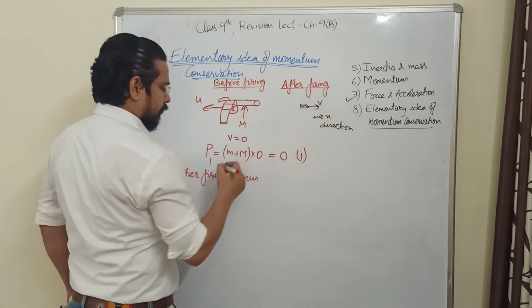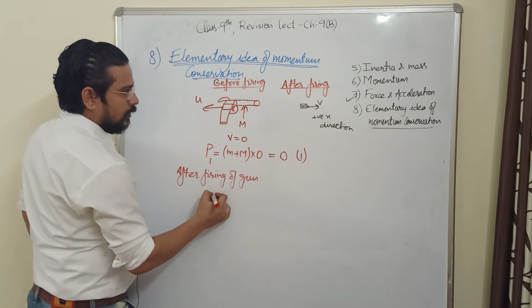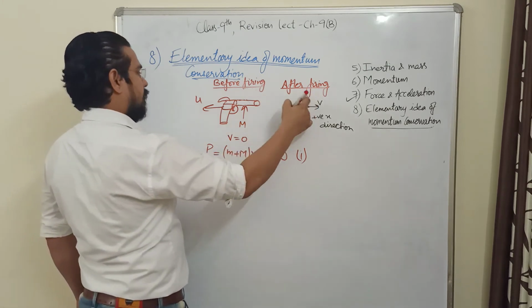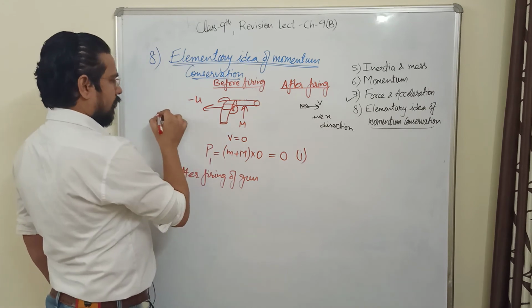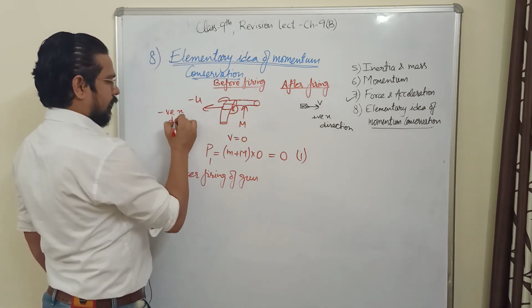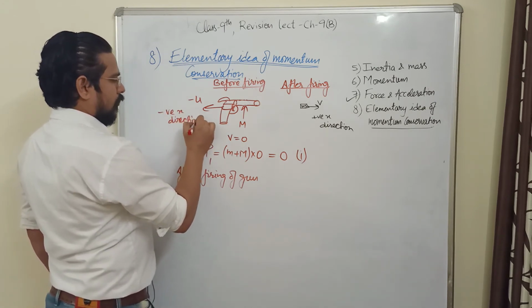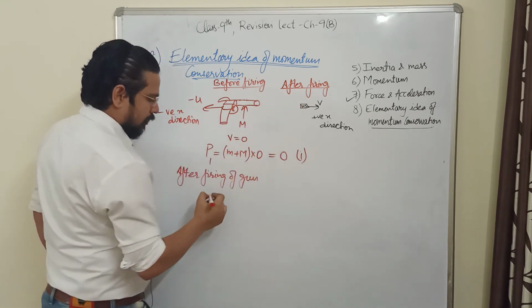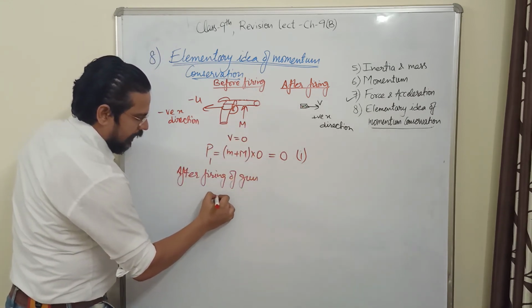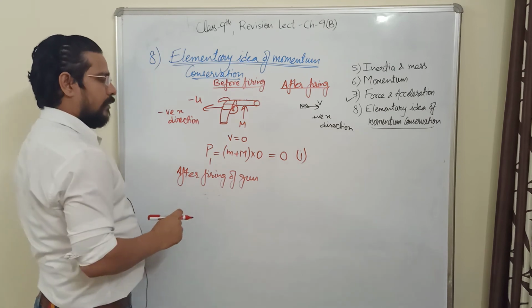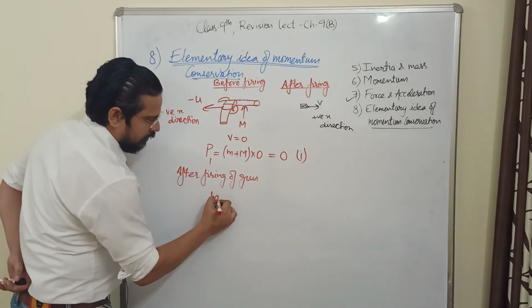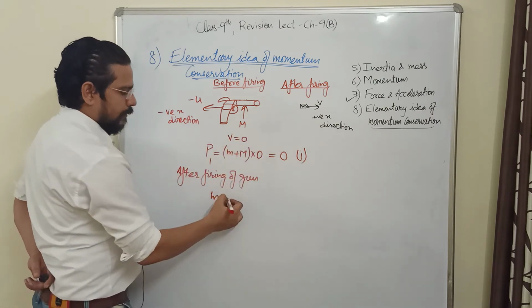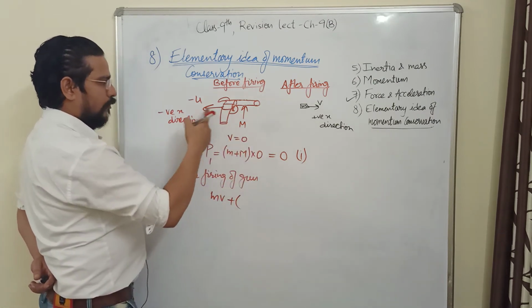as the bullet is moving in the positive x direction, the velocity of the bullet is plus v in vector form, while the velocity of the gun is going to be minus u because it is in the negative x direction. What is the momentum of the bullet? Momentum of the bullet is mv, plus the momentum of the gun.